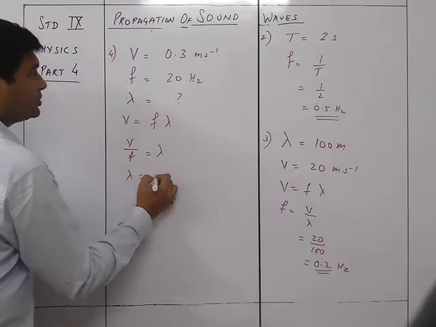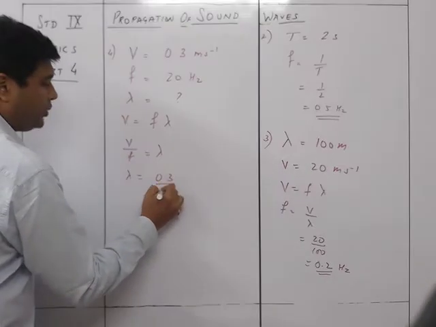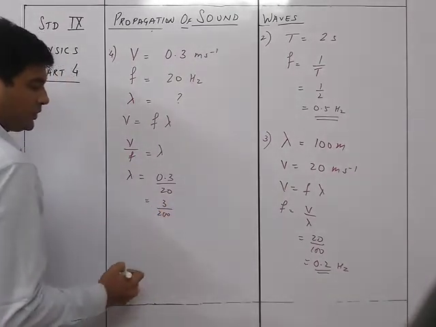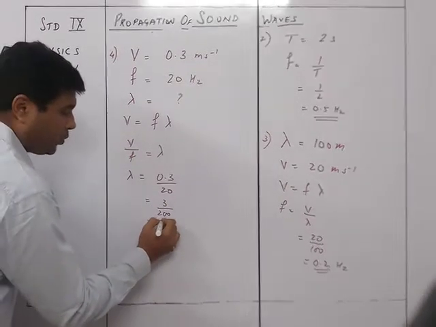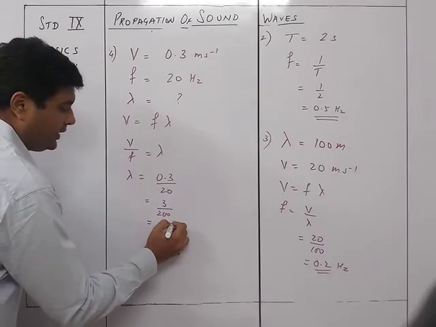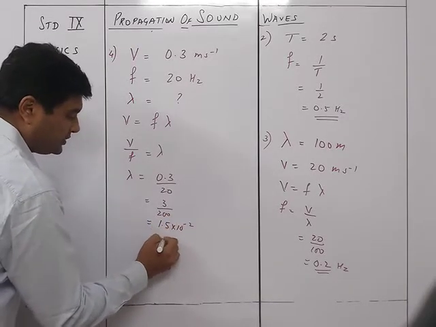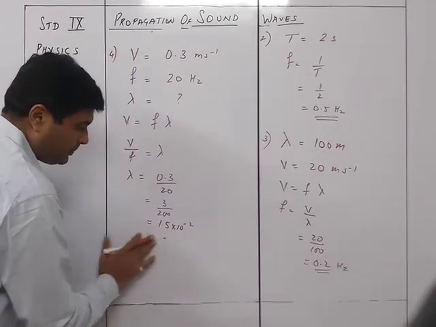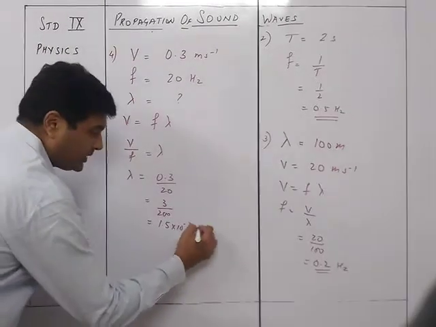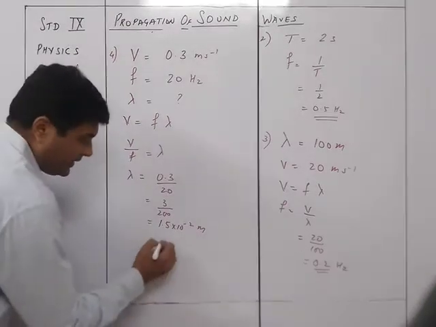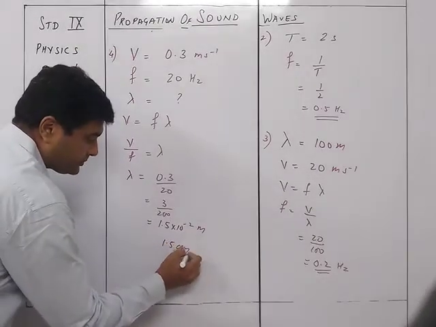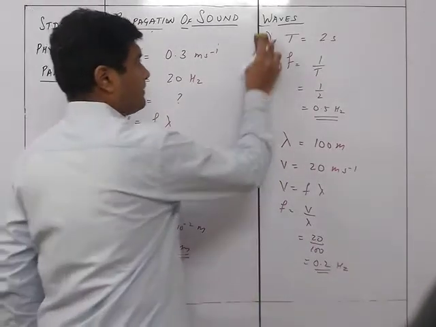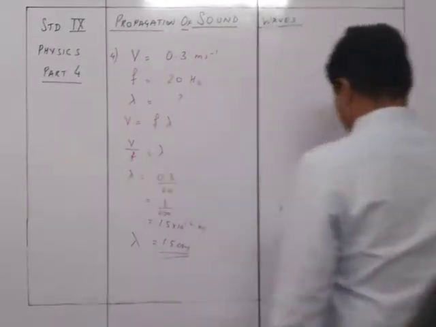So lambda is equal to 0.3 upon 20. That is nothing but 3 upon 200, or 1.5 into 10 raised to minus 2 meters, or you can also write it as 1.5 centimeters. This was sum number 4.